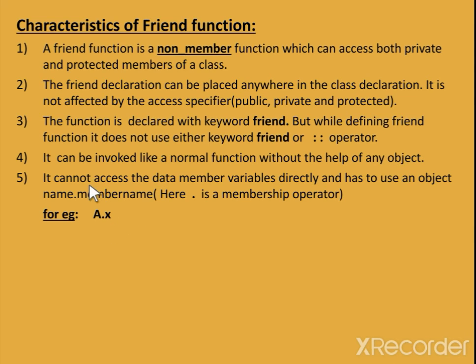It cannot access the data member variables directly and has to use object name dot member name, right? Here the dot operator is the membership operator. For example, a dot x: a is the object name, dot is the membership operator and the member name is x, that is the data member.